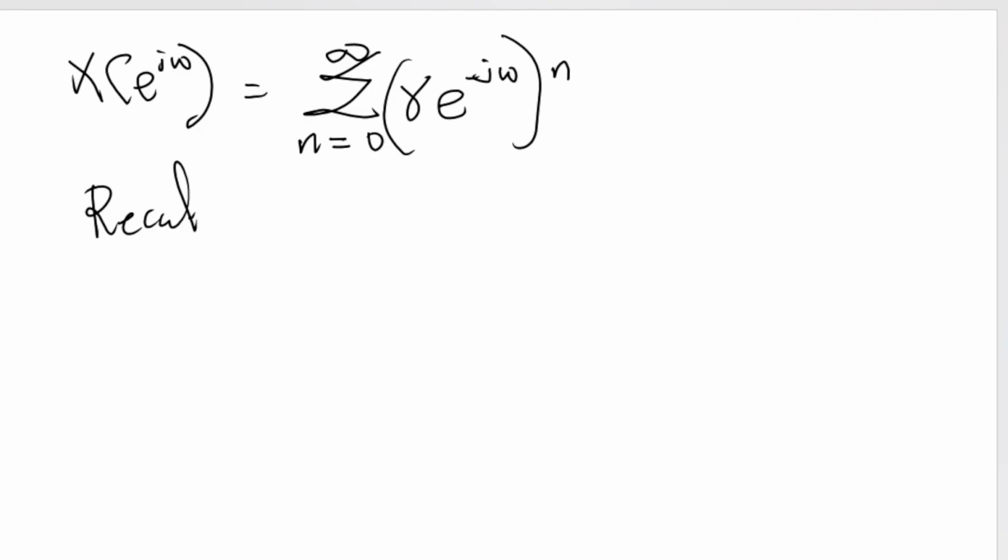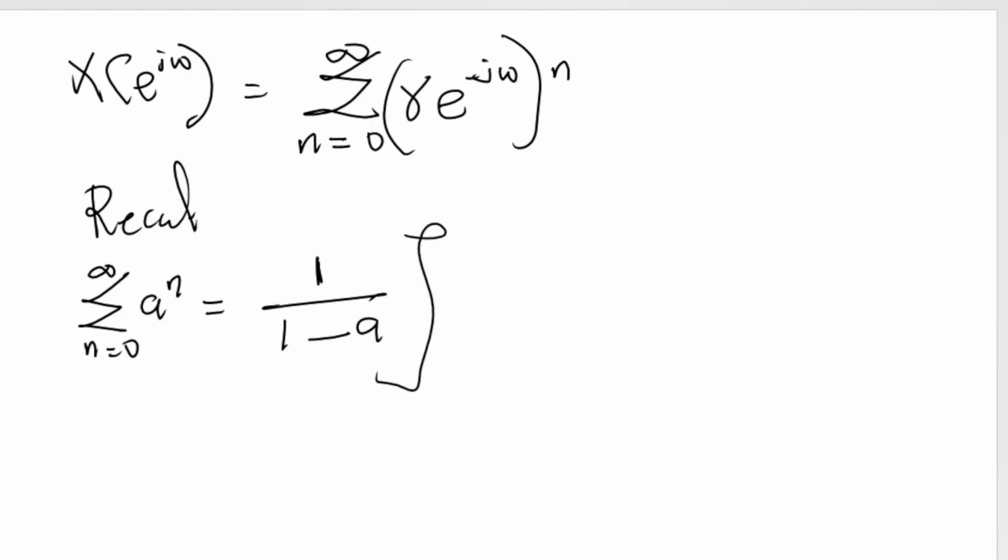For an infinite series, we have that sigma from n equals 0 to infinity of a raised to the power of n will be equal to 1 divided by 1 minus a. This equation is for an infinite geometrical series.